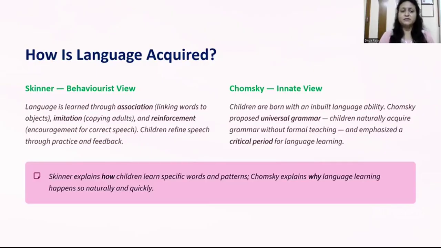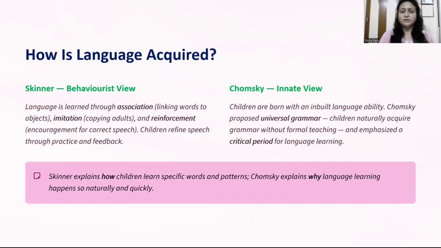So the behaviorist view proposed by Skinner said that language is learned through association, through the environment or nurture. So through association, through imitation and reinforcement, when we praise the child for having learned some words or speaking the right sentence.